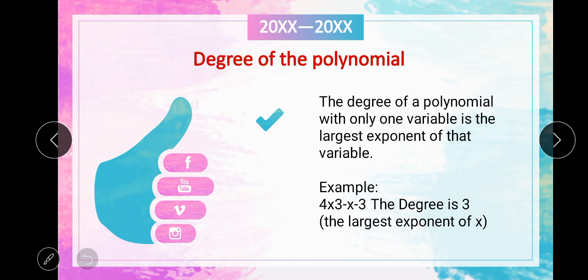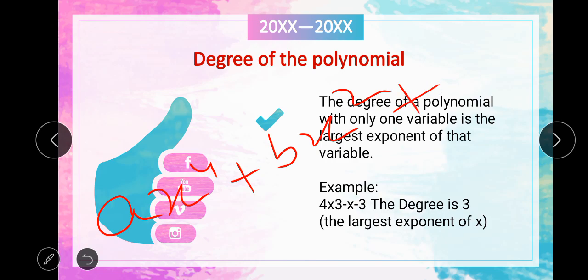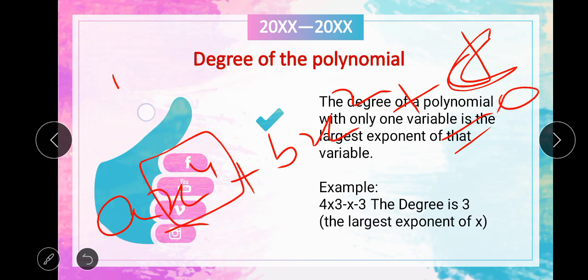Moreover, if you talk about ax to the power 4 plus bx square plus c, then your degree will be 4, because the largest exponent is 4.